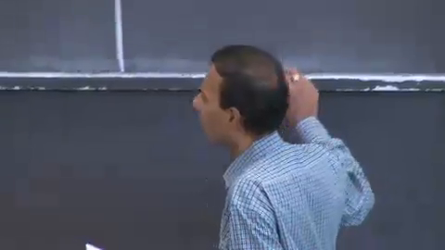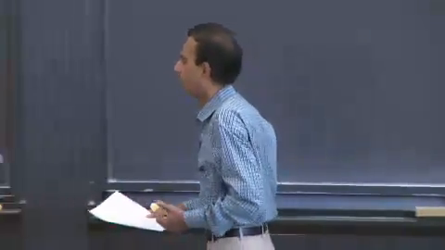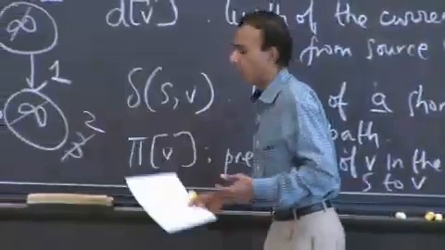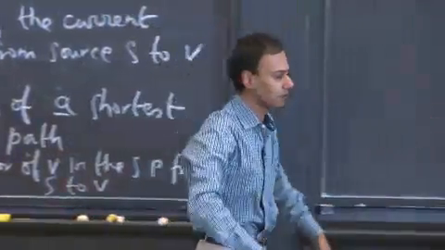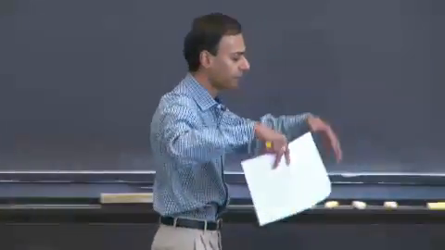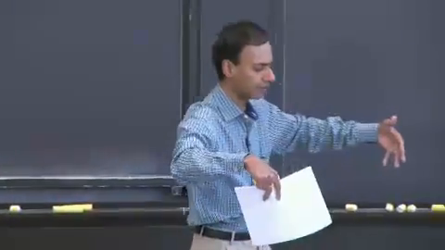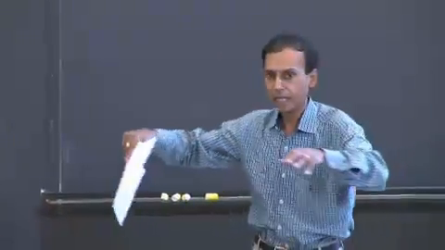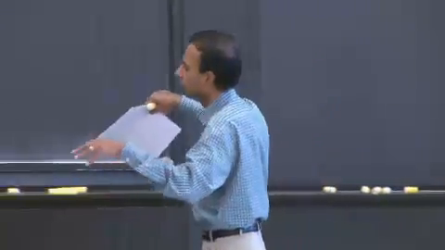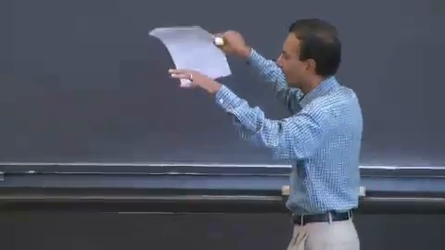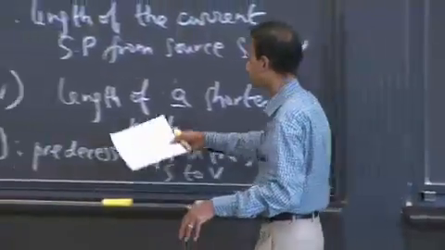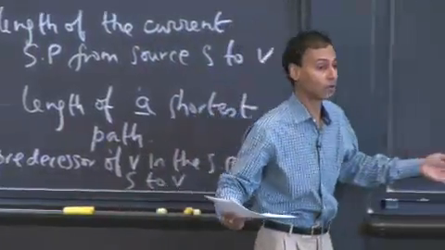Well, I want to make sure that I never relax an edge and somehow do something wrong which gets me a value that's less than delta SV. I want to be able to converge from the top. I want to start with these infinity values because I don't have a path to this particular vertex, and continually reduce the values of the priorities and then get down to delta, the correct values, and I don't want to go any further.